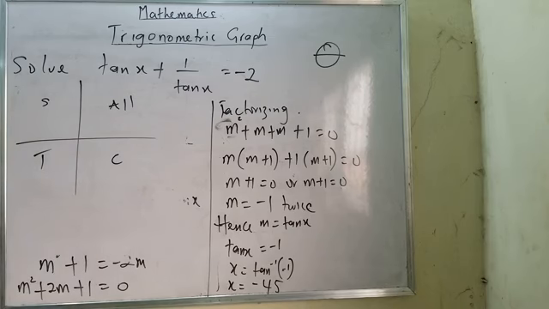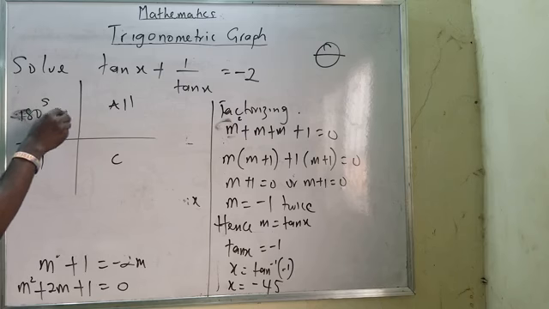Negative tangent is going to be in the second and fourth quadrants. In the second quadrant, this is the second quadrant, it means I'll be talking about 180 minus 45.